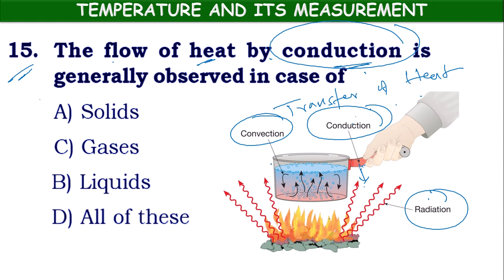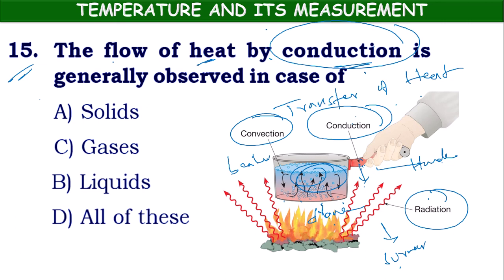Because we have taken a vessel or a beaker here, which has some handle, and with the burner, we are supplying some flame to this beaker. So this beaker gets heated, the liquid inside the beaker gets heated, the handle gets heated.